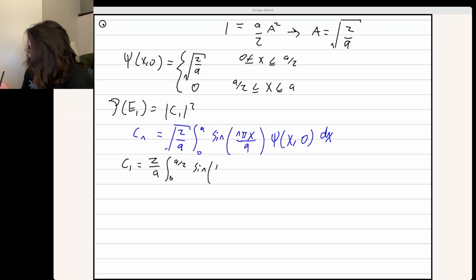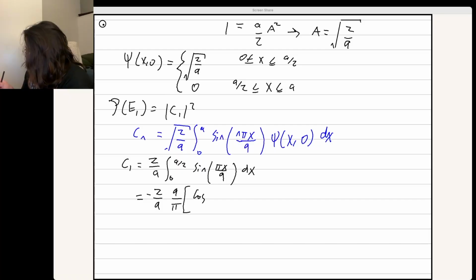We have sine pi x over a here, and that's it. That's what we're integrating. And that's not too bad of an integral either, so we'll just get a over pi minus, and it'll end up being cosine pi x over a, which we're evaluating from 0 to a over 2.